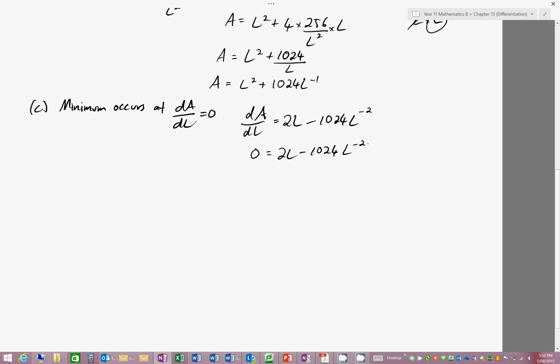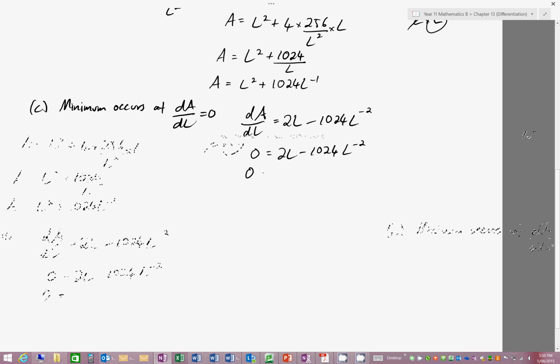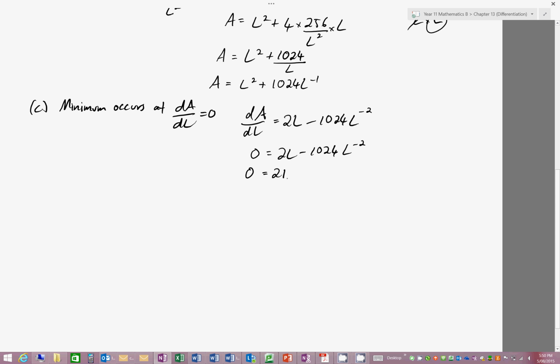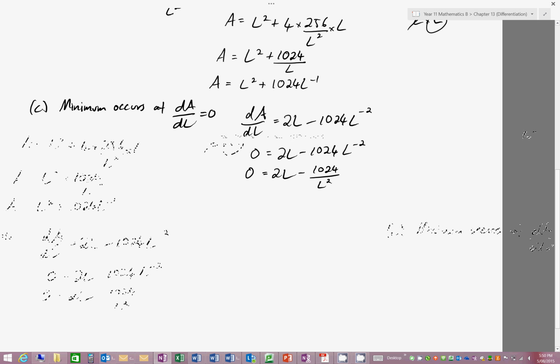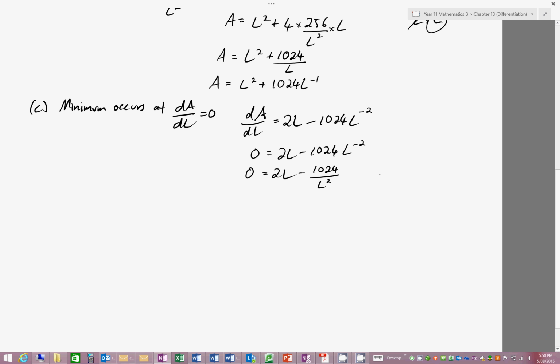I need to solve this for L, so heaps of different ways you can do this. I'd probably rewrite this with L squared on the bottom, and multiply both sides by L squared to get rid of this fraction on the bottom.